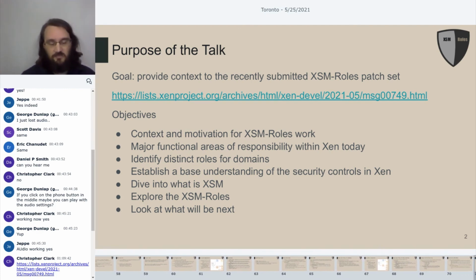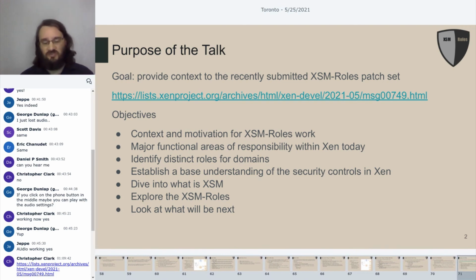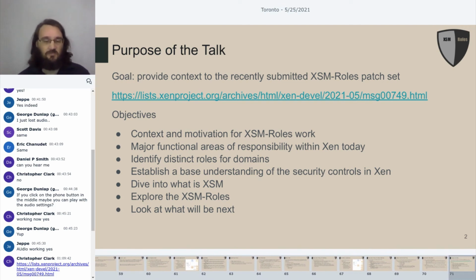But the key point was just to have a nice clean patch set that I know compiles and can boot. And I launched a system and then ran some XTF tests on top of it to make sure that at least some level of it worked. So your mileage may vary. It's one platform that I did it on.